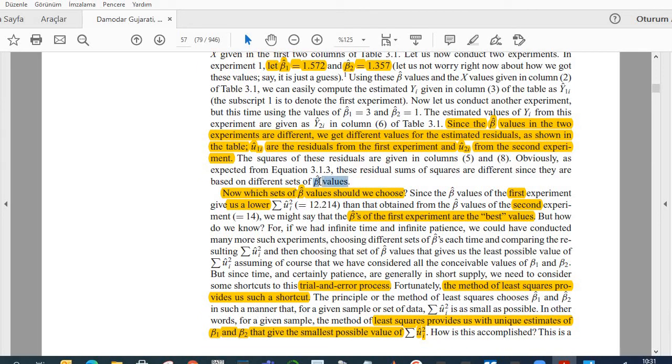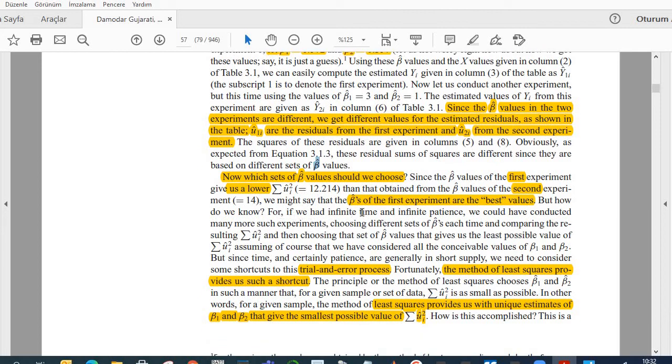Now, which set of beta values should we choose? Since the beta values of the first experiment give us a lower sum of squared residuals, 12.2, than that obtained from the beta values of the second experiment, 14, we might say that the betas of the first experiment are the best values. But how do we know?